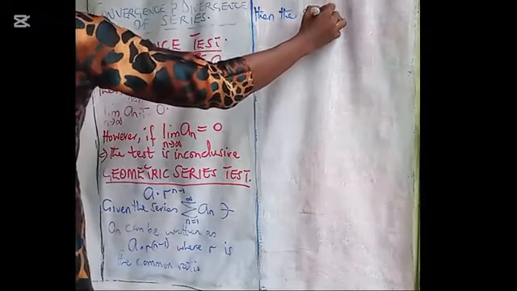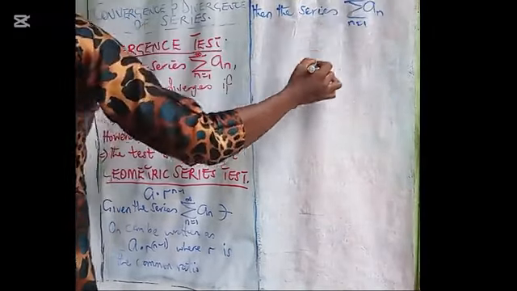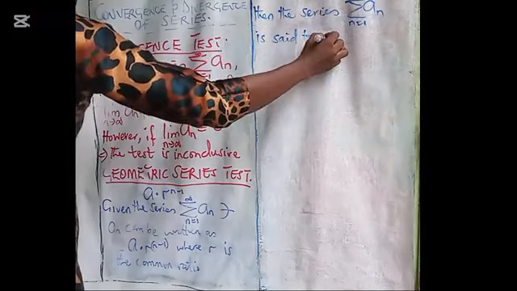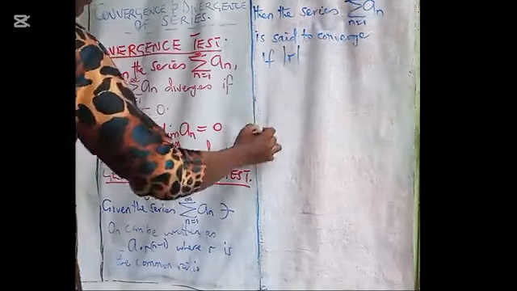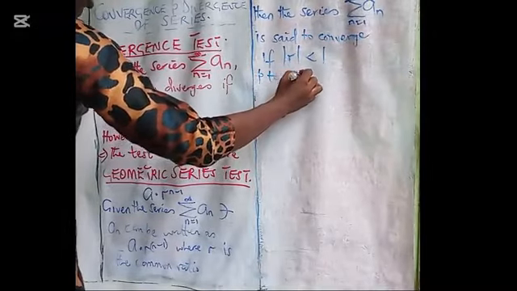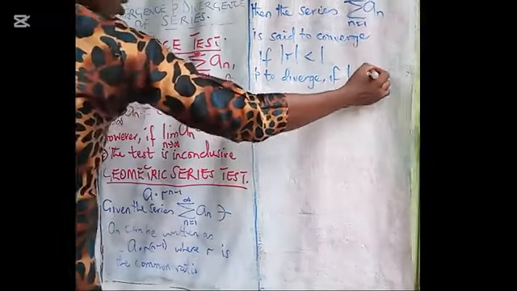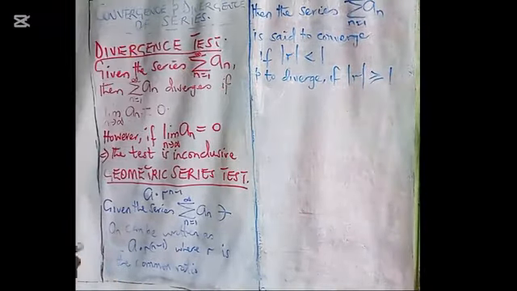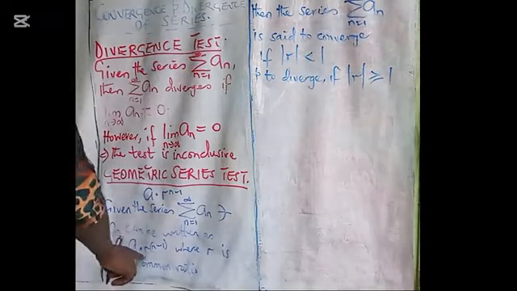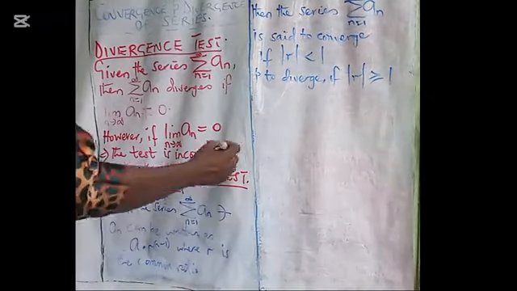Then the series summation a sub n as n moves from 1 to infinity is said to converge if the absolute value of r is less than 1, and to diverge if the absolute value of r is greater than or equal to 1. Remember, we have said that our r is the common ratio.